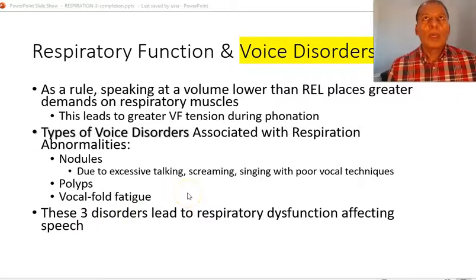Also, remember that some of the categories that have a greater percentage of vocal nodules are teachers, singers, and children. Yes, we will discuss the treatment for nodules.